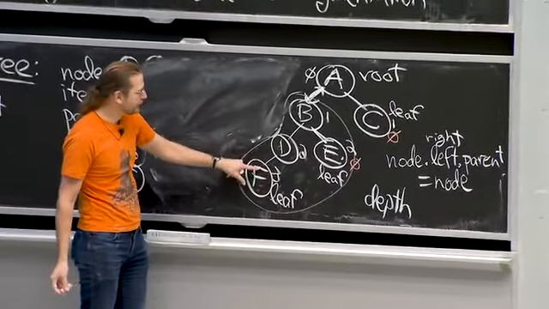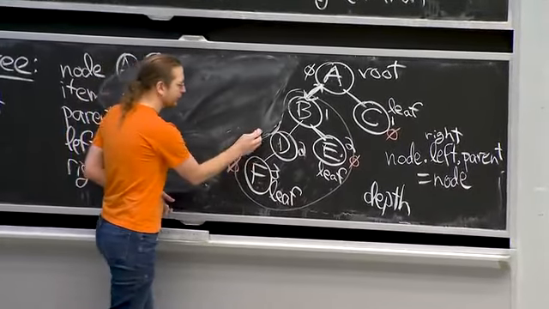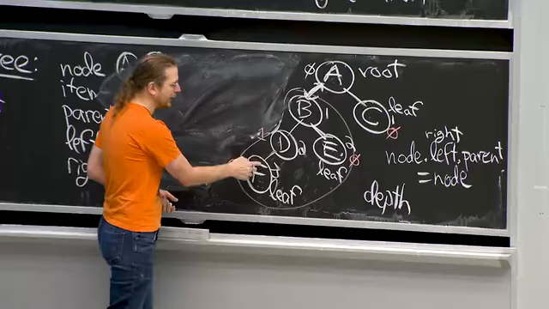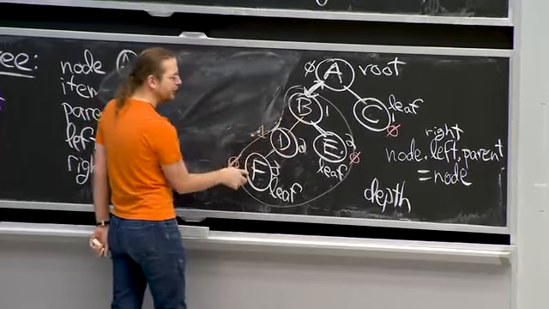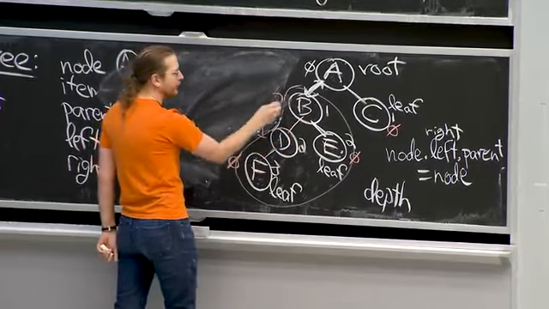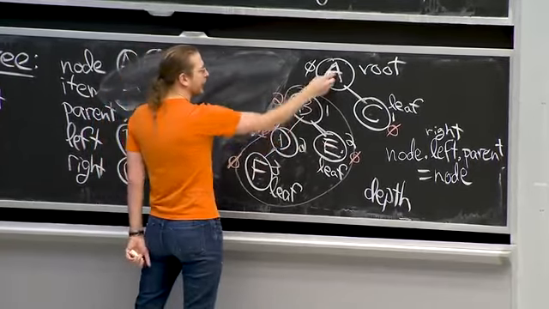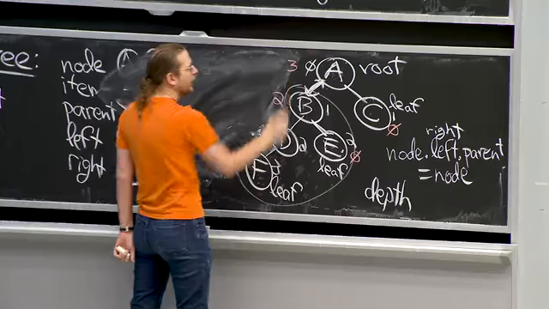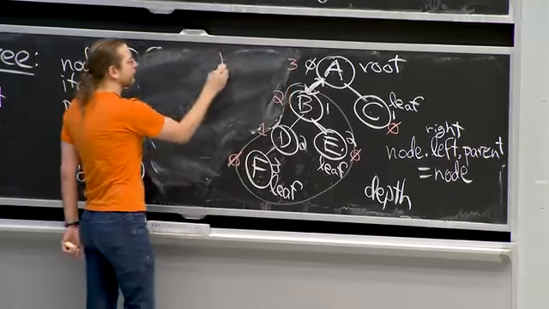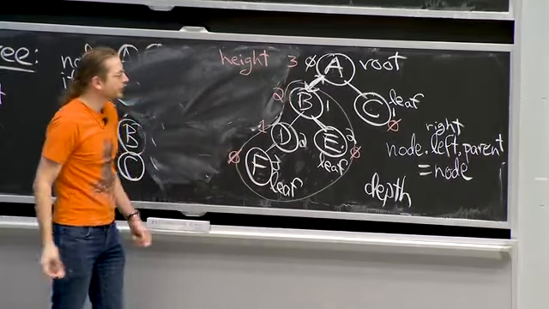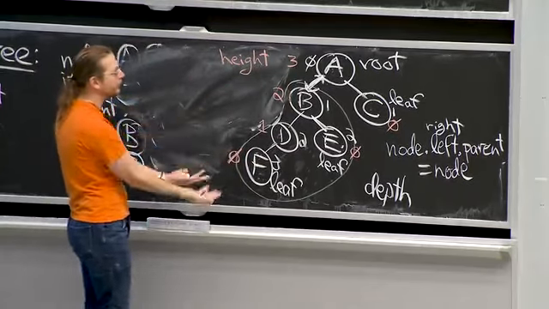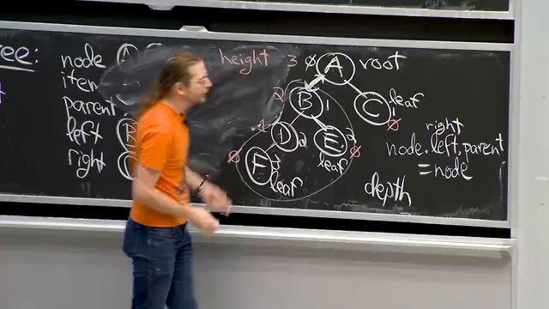This one goes to a leaf, and its height is 0, so this height is 1. There's 1 edge to a leaf here. B has 2 leaves it can get to. We take the longest one, so that's length 2. A similarly has height 3. Okay, so height we measure upward, depth we measure downward.